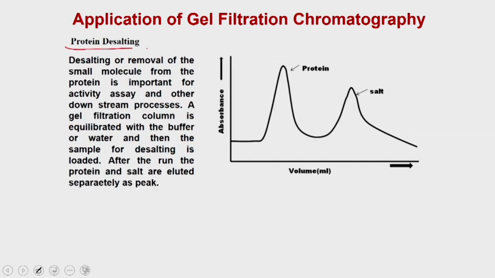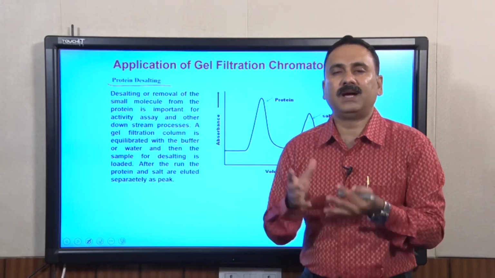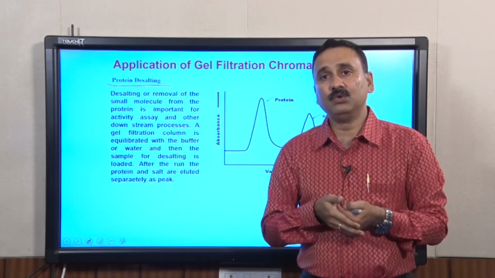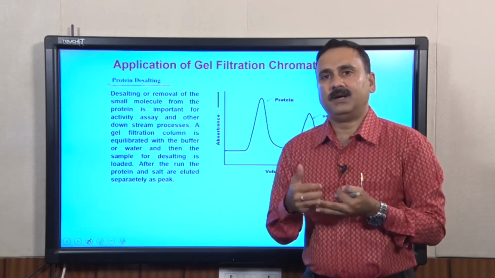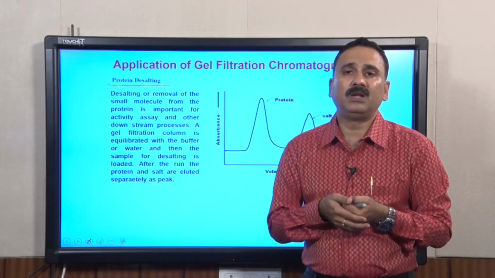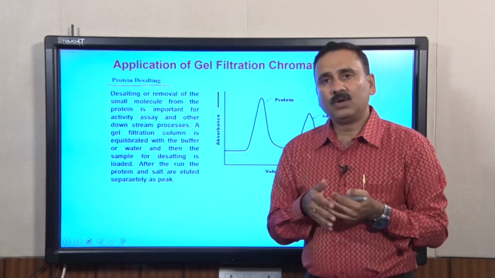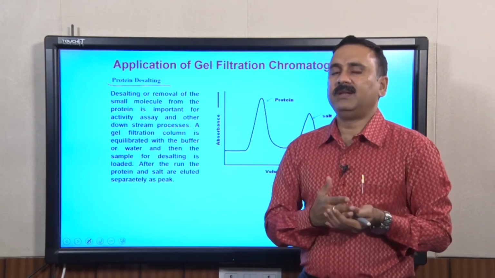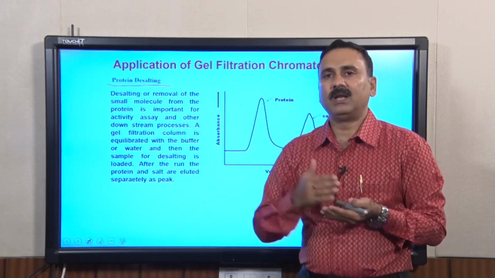The protein you can also use for protein desalting. So, you know that sometimes the protein is purified, for example, using ion exchange chromatography, where you are putting a lot of salt, and that salt is used for elution. Now, in a subsequent step, suppose you would like to do an enzymatic reaction and that salt is going to interfere, or suppose you want to use this protein for any other application and the salt is going to interfere with your analysis, then you have to remove this salt, and there are multiple ways in which you can remove it. One way is to dialyze the protein against the buffer.